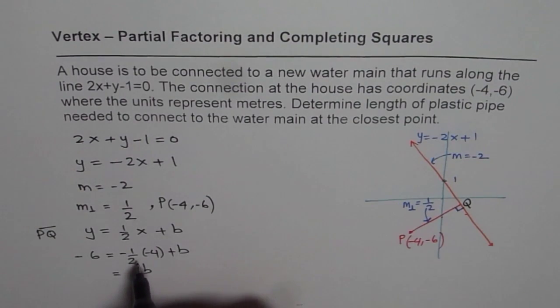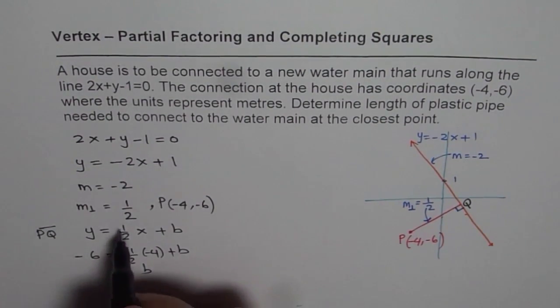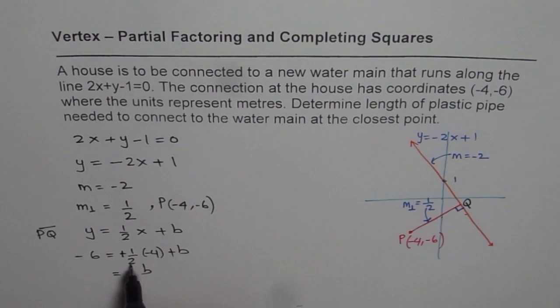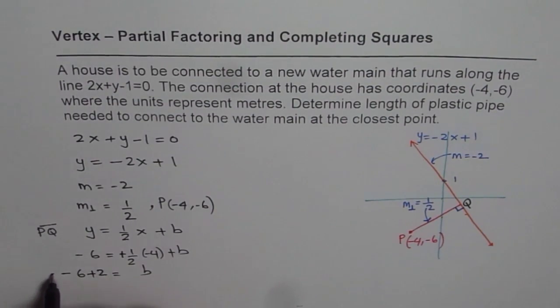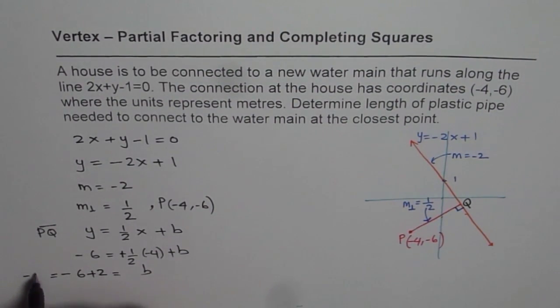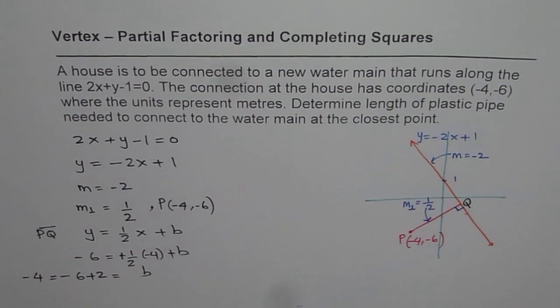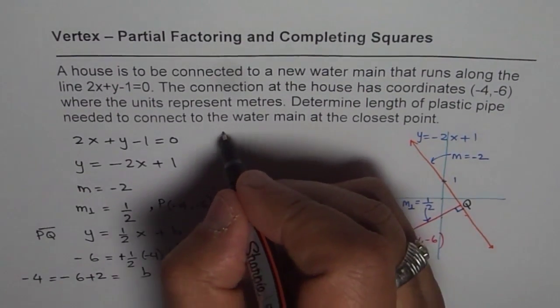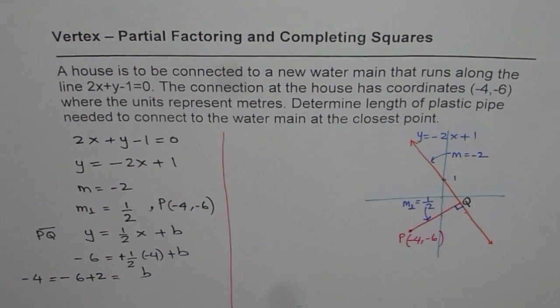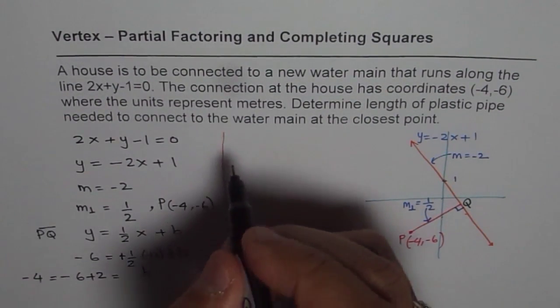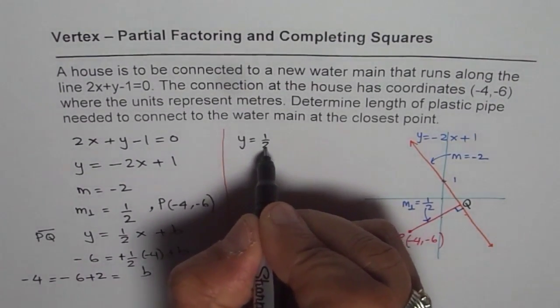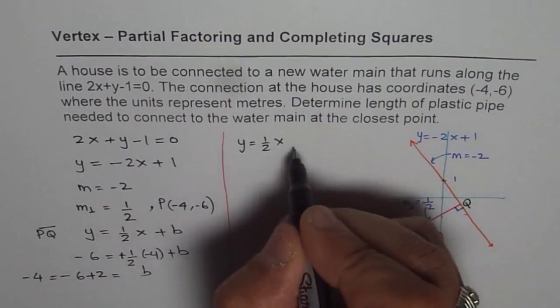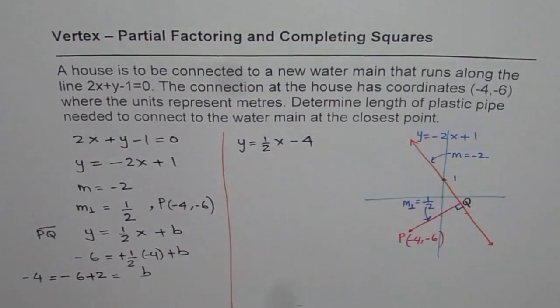When I divide minus 4 by 2, I get minus 2. Taking it to the left side becomes plus 2, and therefore the b value is minus 4. So we get the y-intercept for this perpendicular line and also its equation. The equation therefore is y equals half x minus 4.